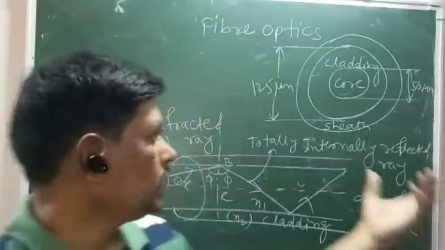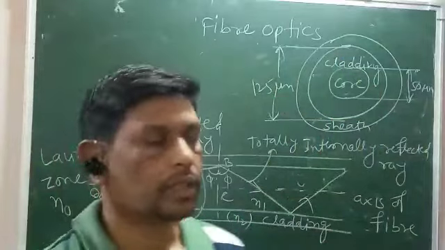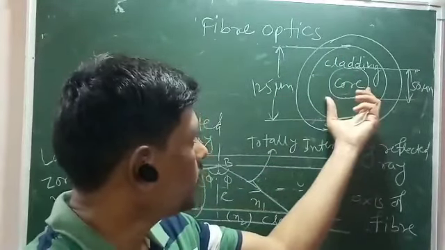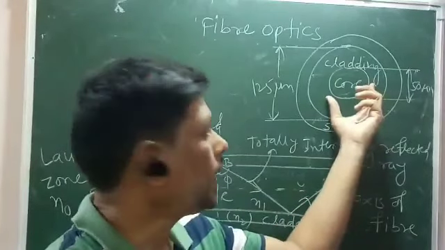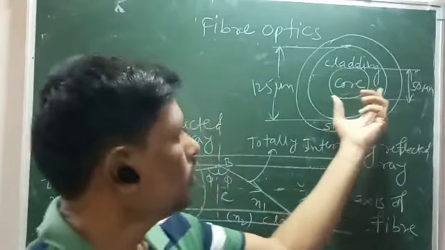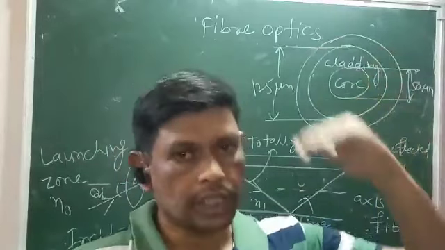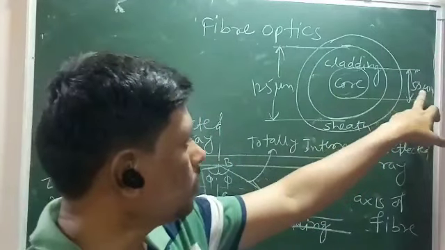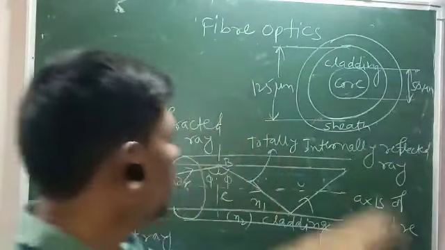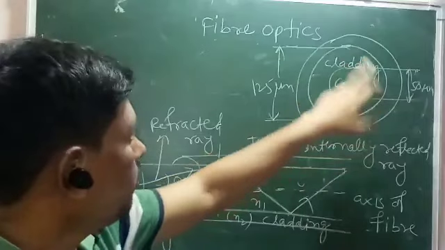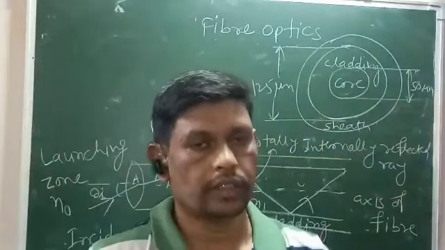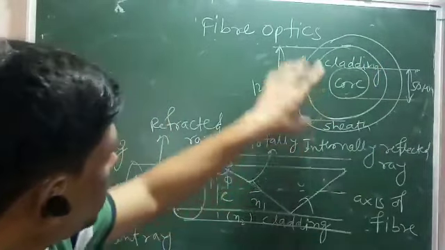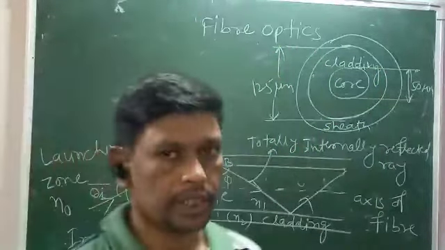First of all, we can see the cross-sectional view of the fiber. The innermost part of the fiber is called the core. It is a light guiding medium, so the light can be transmitted through the core. The approximate diameter of this core is 50 micrometer. The middle region, which covers the core, is called cladding, and the diameter of cladding is around 125 micrometer.